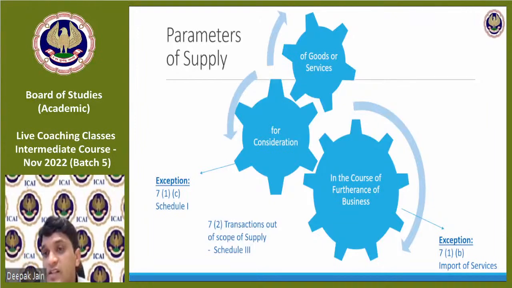The consideration is what I agreed to charge my customer. So if I give consideration of 199, that is the consideration. So it is not the market value that is the consideration.